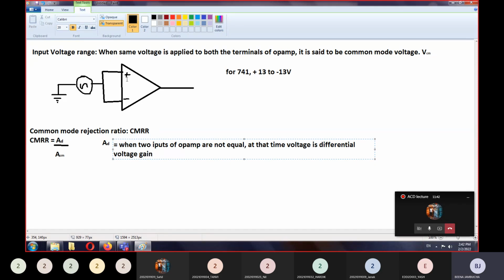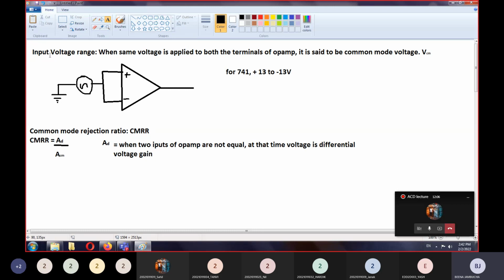When we provide different input voltages, the overall input voltage is the inverting minus non-inverting voltage, the difference between the two voltages. At that time your Vin will be the difference of the two inputs, and the gain at that time is known as differential voltage gain.